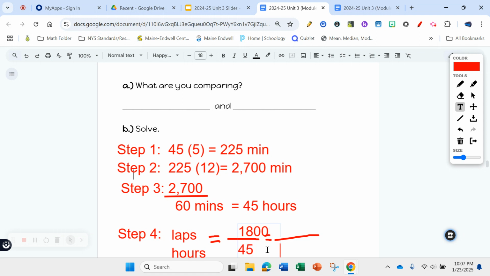We want to get it down to 1 hour. Isn't this crazy? 4 steps. Go ahead and solve this on your calculator.